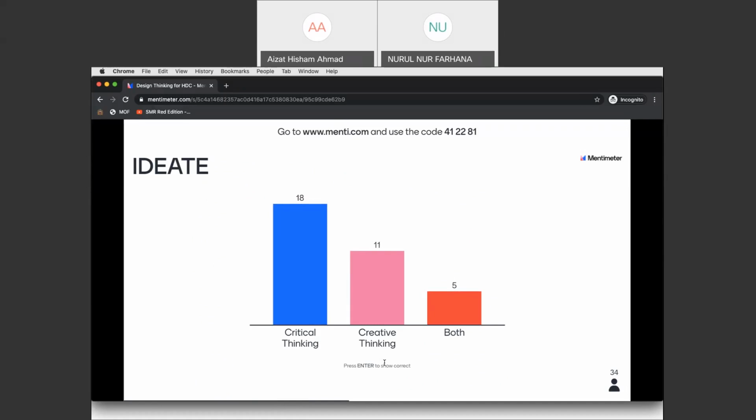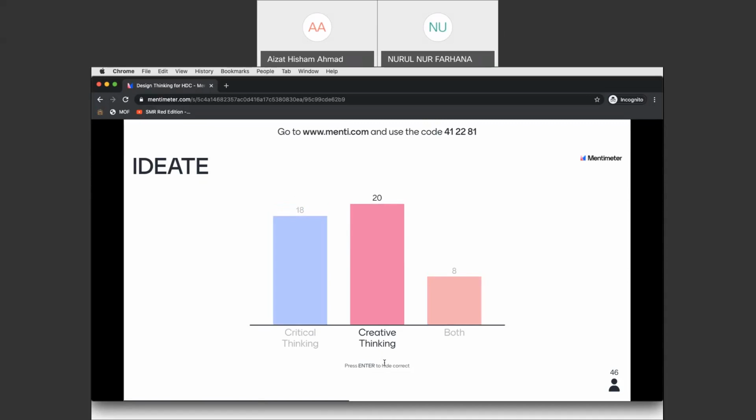Just now you empathized and then you defined. When you define, it is supposed to be critical thinking. So when you ideate, what is the thinking? I'll give 5 more seconds and then reveal the answer. 44 responses. When you ideate, yes, you have to have creative thinking.